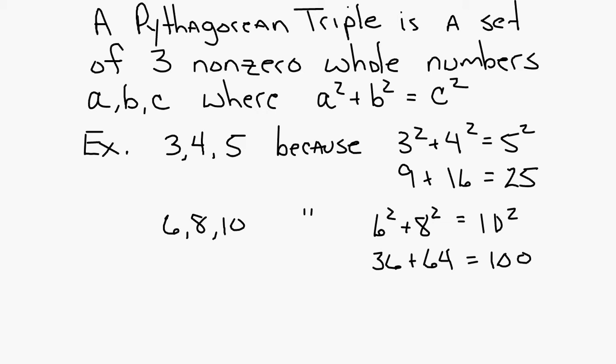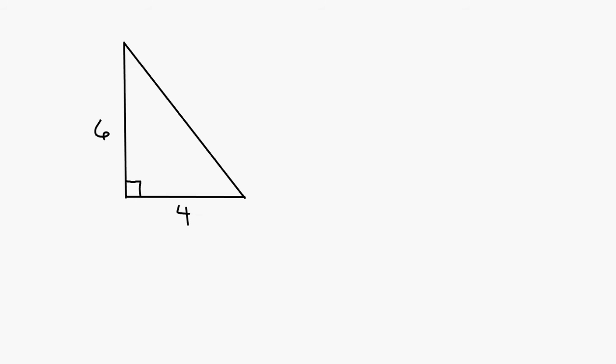All right, so let's use the Pythagorean theorem here and solve a couple problems. On the top of page 361, you're given a triangle and you're asked to find the value of x. They give you the picture and they tell you that it's a right triangle. So when they tell you it's a right triangle, you use the Pythagorean theorem. Here's your right angle. You've got a side that's 6, a side that's 4, and the hypotenuse is unknown. So you label the sides a, b, and c.